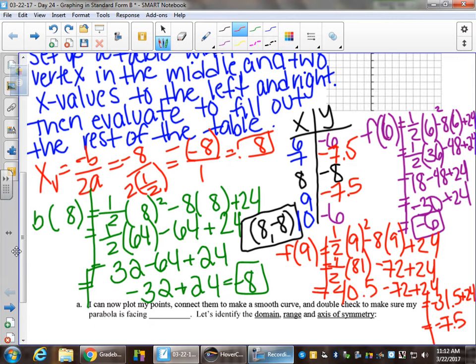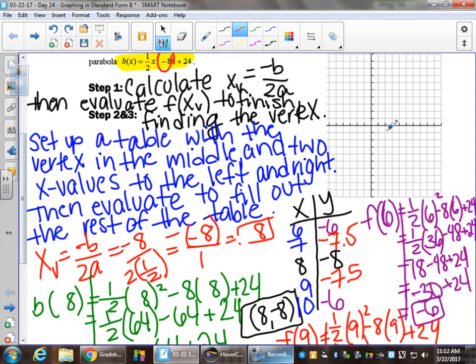How am I going to graph 8 and -8? How am I going to graph the vertex? Right 8, 1, 2, 3, 4, 5, 6, 7, 8, and down 8. 1, 2, 3, 4, 5, 6, 7, 8. So that's our vertex.